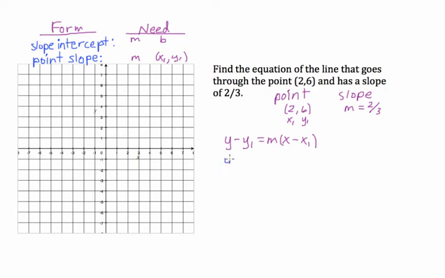So we'll have y minus y1, that's 6, equals the m, which is 2/3. The x stays, minus x1, the x-coordinate of our point is 2. So right there, I've got point-slope form.